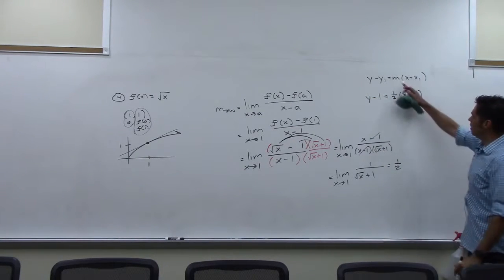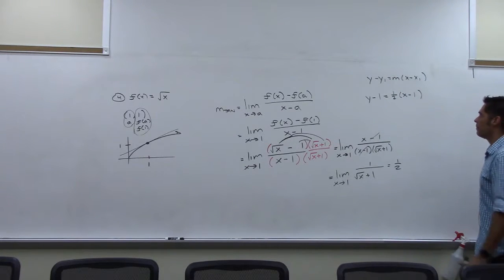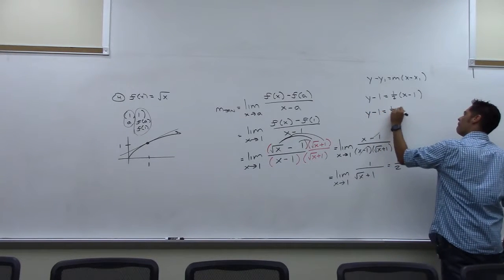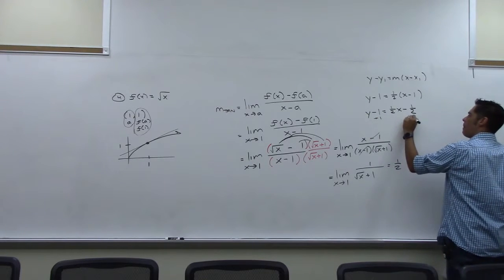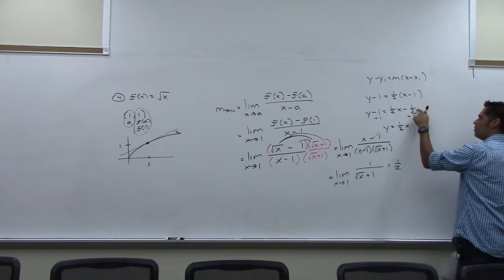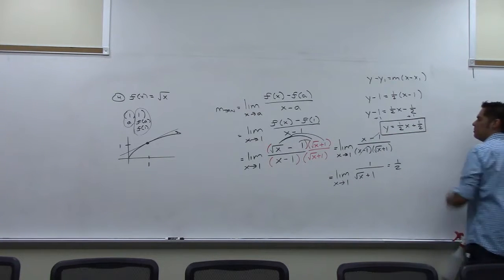So just replacing the m with this, replacing y1 with 1 and x1 with 1. Distribute the 1/2 through. And then add 1 to both sides. Y equals 1/2 x, and then when you put those together, you get plus 1/2 again. There's the equation.